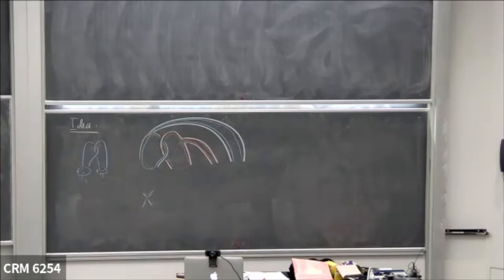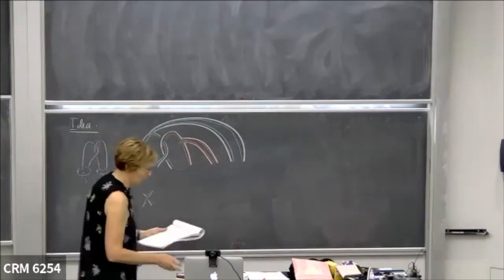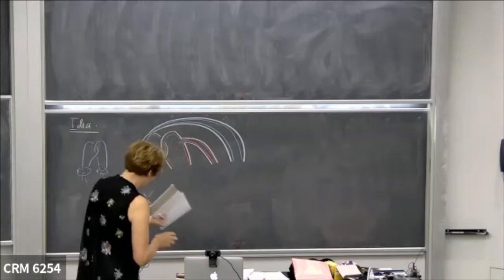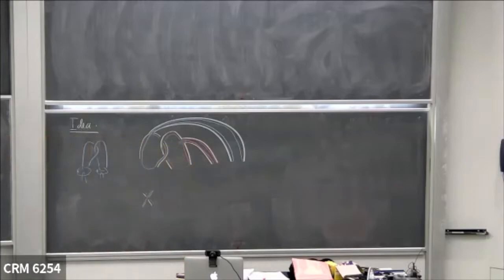Perhaps I should start with the rows being for algebra elements. So it sends it to this element, and here you have this, and here you have S and Z.